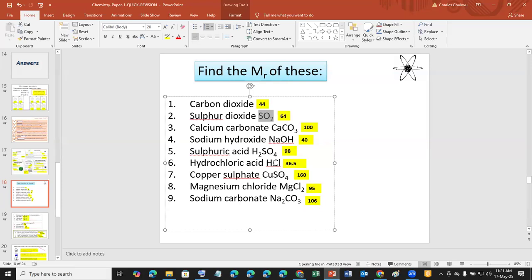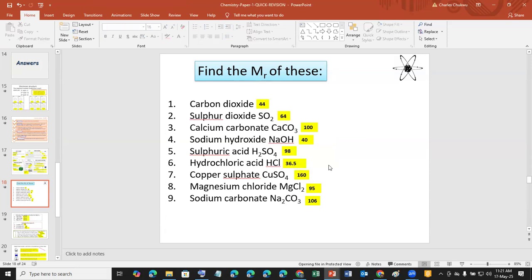Of course, I know you're wondering, how did this one have a 0.5 since they don't usually have 0.5? Well, chlorine usually has what you call a relative atomic mass because of the isotopes.